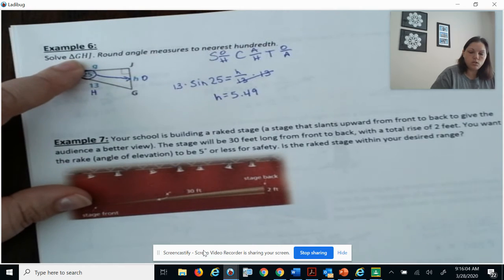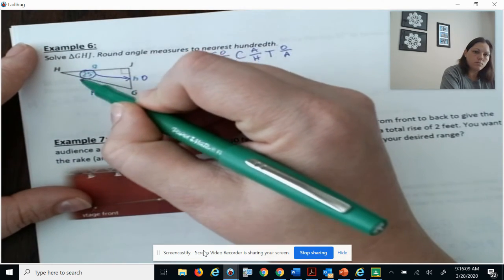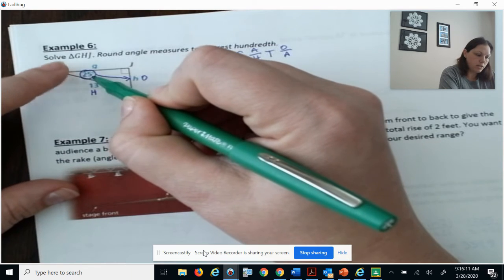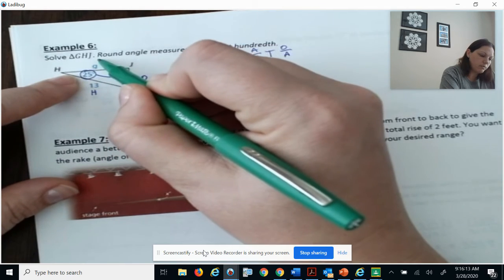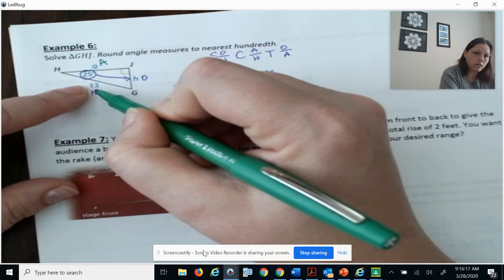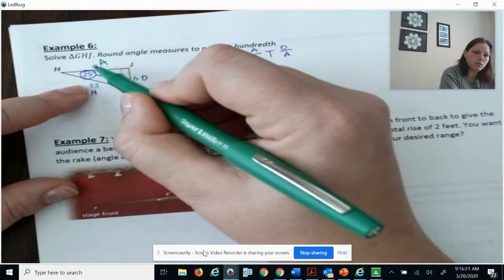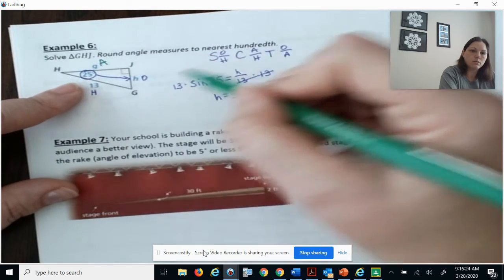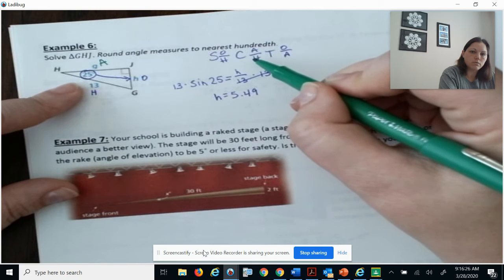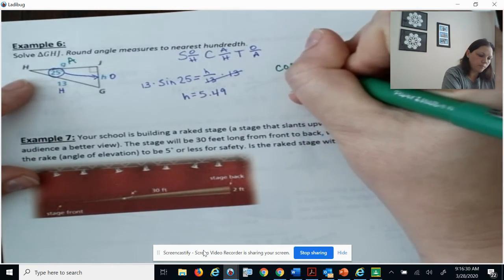Okay, now to find G, 25 is still my known angle. With my known angle, G is the adjacent side, and the other given value was the hypotenuse. So I have adjacent and hypotenuse. Adjacent and hypotenuse goes with the C, so I'll need to use the cosine.